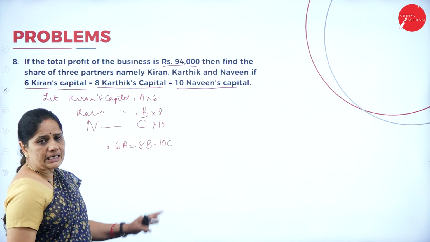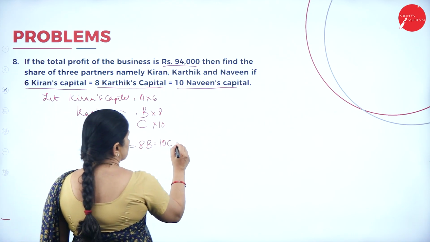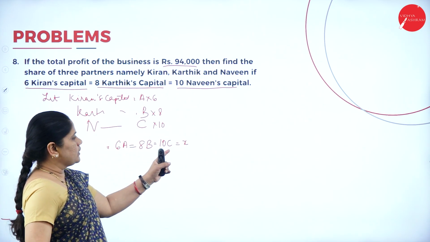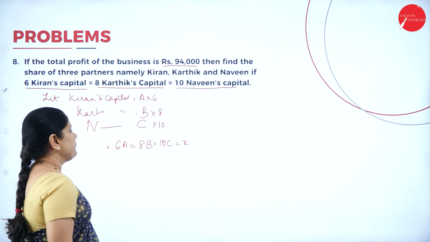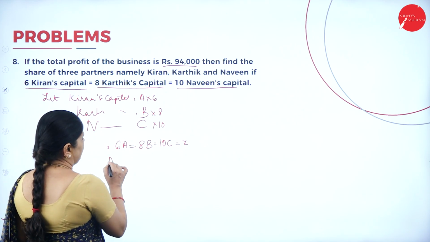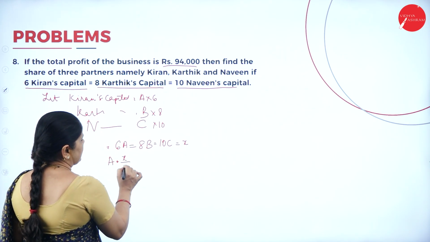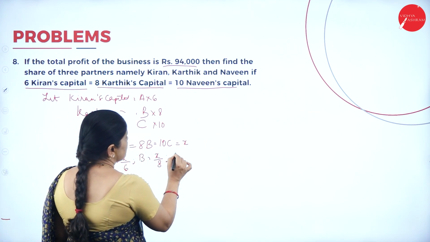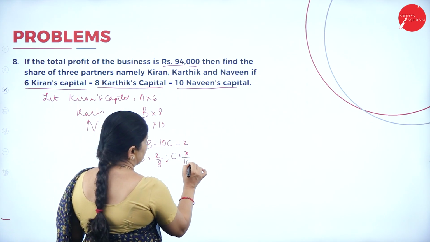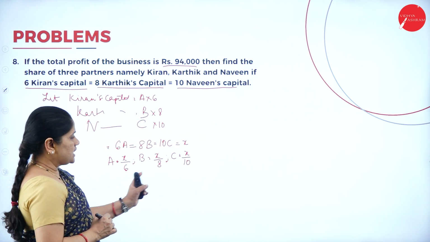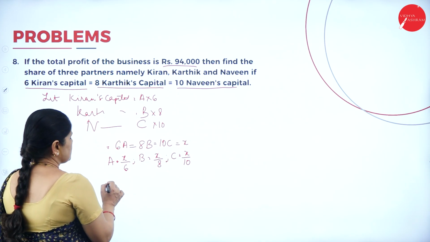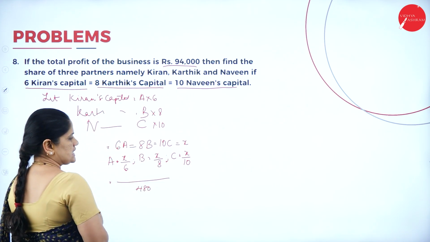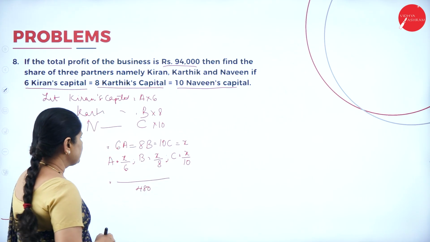Now, I will equate it to a constant x. So, 6A equals 8B equals 10C equals x. Now, if I have to find, A will be equal to x by 6, B will be equal to x by 8, C will be equal to x by 10. Now, we just take the LCM of this. So, the LCM of this will be 480. 6 8s are 48, 48 into 10 is 480.